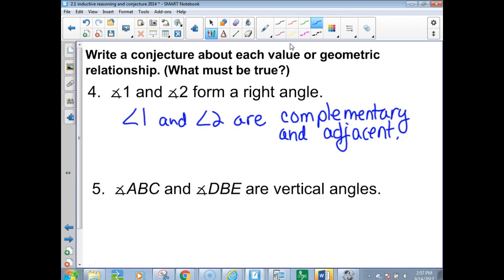Another thing you could say, someone will come up with something else, because there's not always just one right answer for these kinds of questions. Okay, yep, the measure of angle 1 plus the measure of angle 2 is 90.